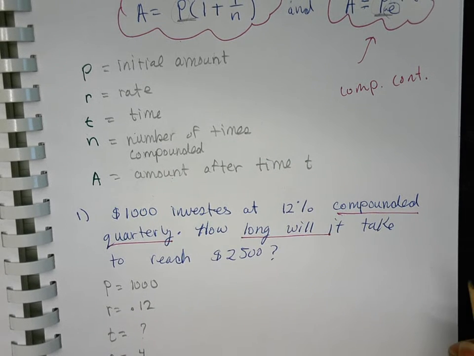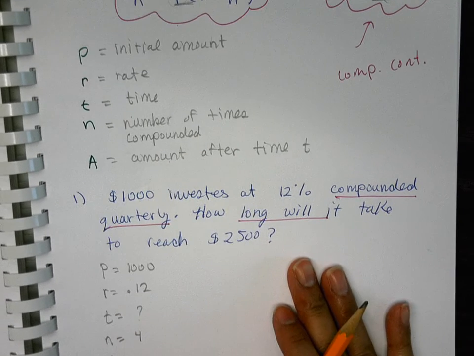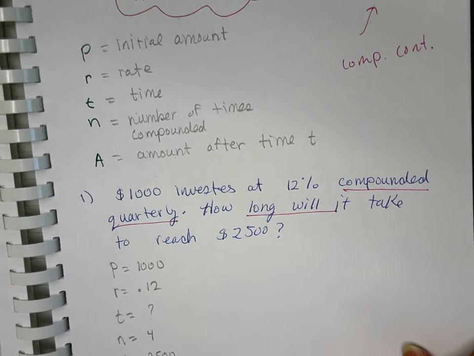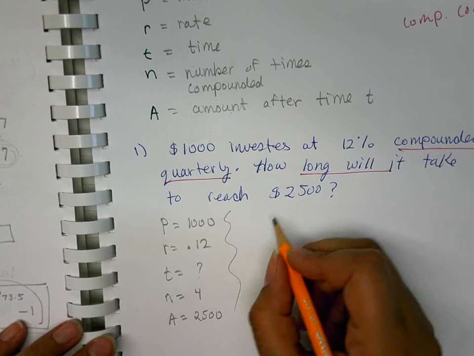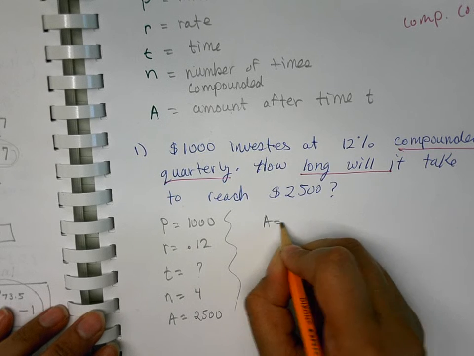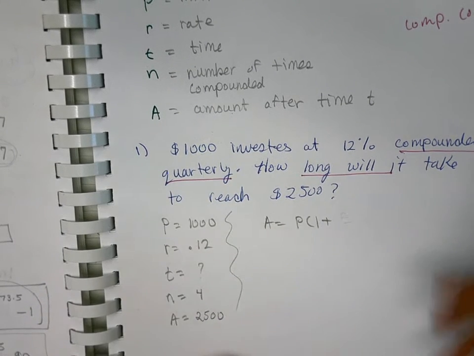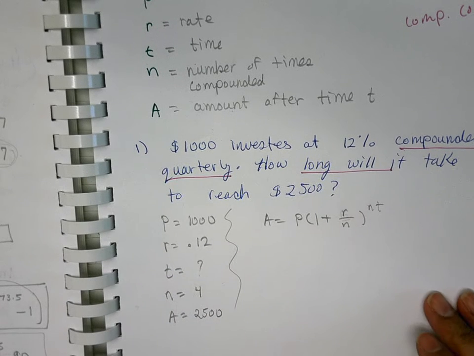A is the amount after the given time. What is the amount after given time? 22,500. All right, let's get this going quickly. I'm just going to rewrite the formula: A equals P parentheses 1 plus R over N, raised to the NT.